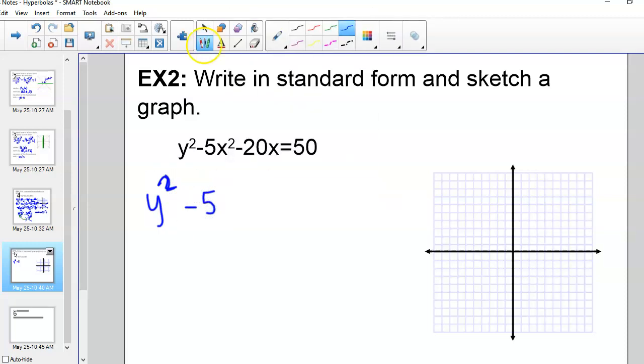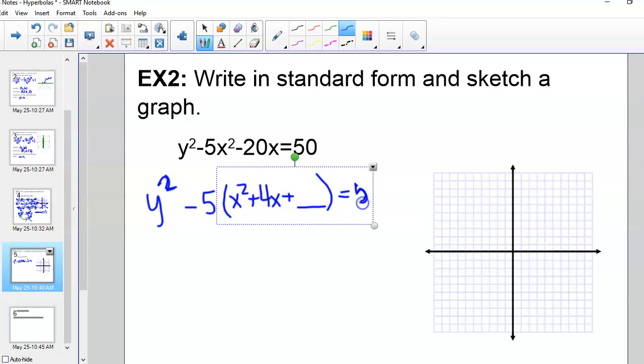And so when I do that, I'm going to have x squared plus 4x plus blank, and that's going to equal 50 plus blank. Okay, so the y I don't have to do anything with, but the x I'm going to have to complete the square for that.